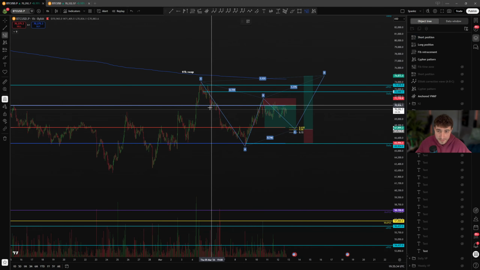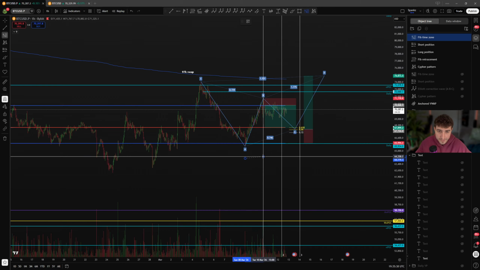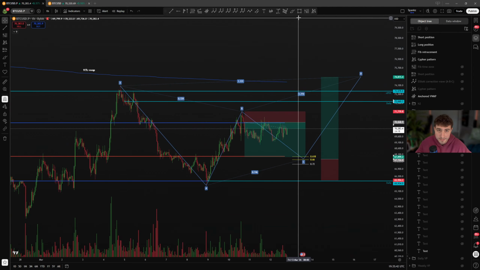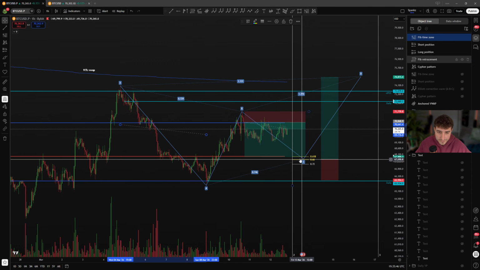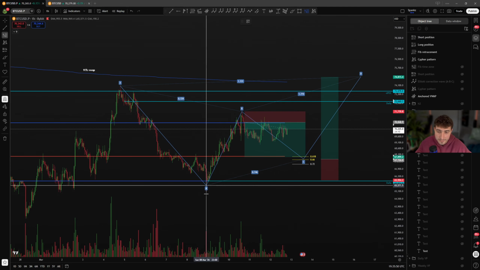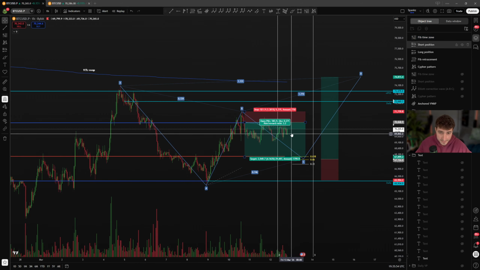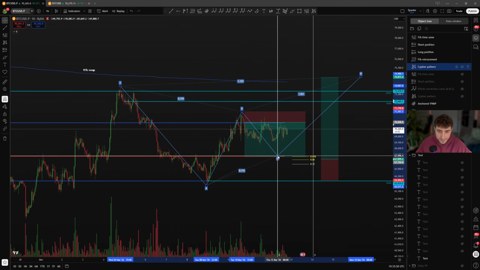And again, let's pair the Fibonacci levels into this. So we have the 1-to-1 fib extension here. So let's go ahead and look at that as well. We take the X to the A wave. We have an execution time that needs to be completed. If we take it from the A to the B wave, we're already past that zone, that time where it needed to execute within that time frame.